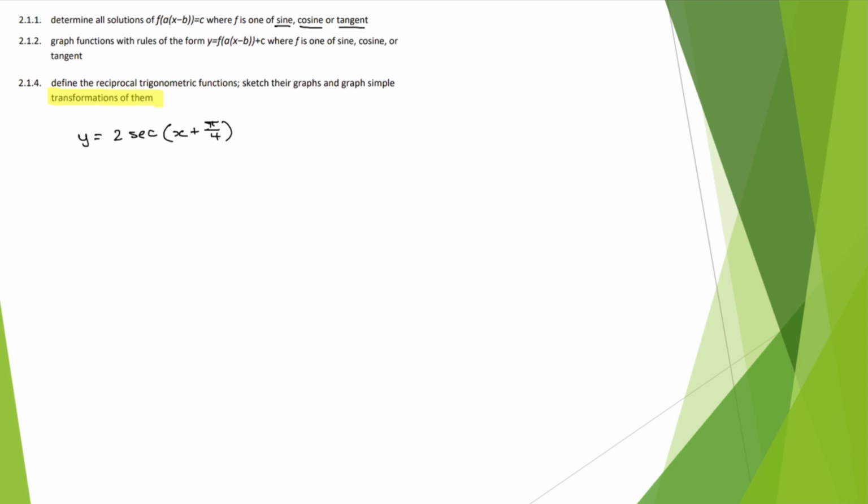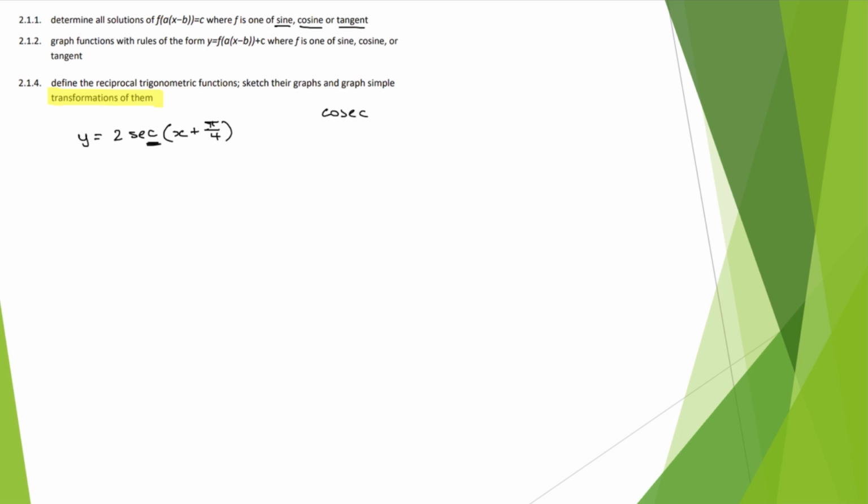Cool. So when I'm doing this, anything within the brackets, this is my tip for you, it's easier to just apply that transformation to the basic function. In this case, that corresponds to cosine.